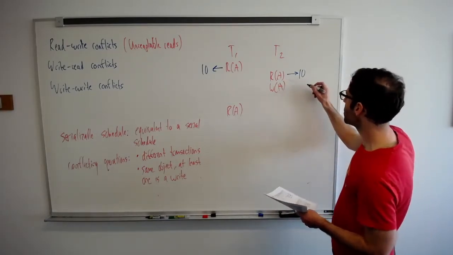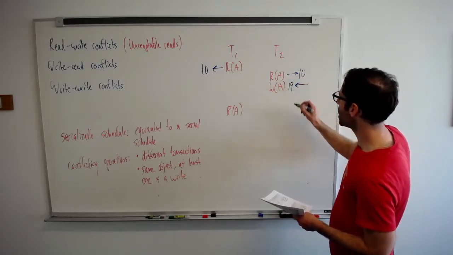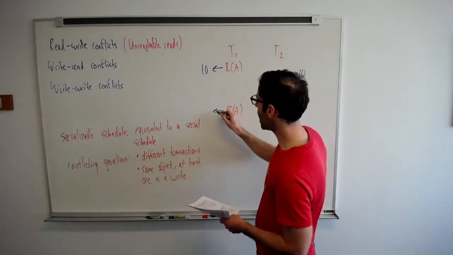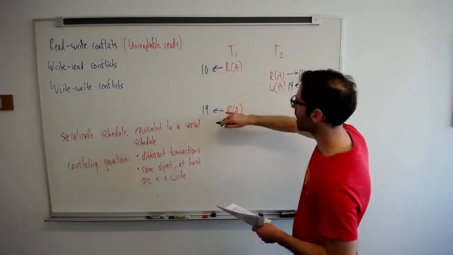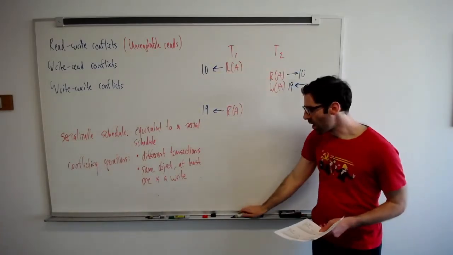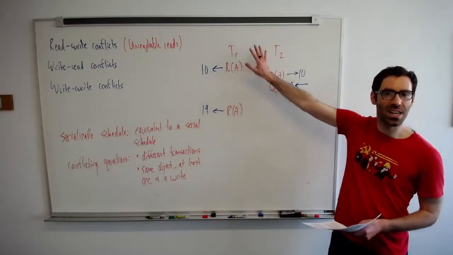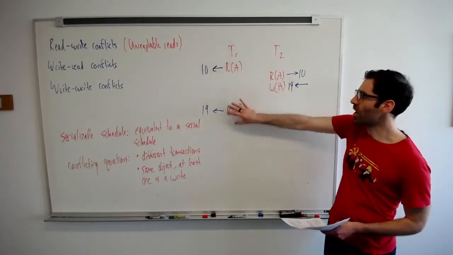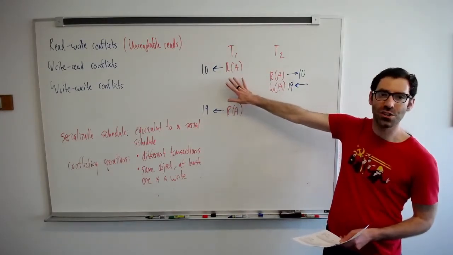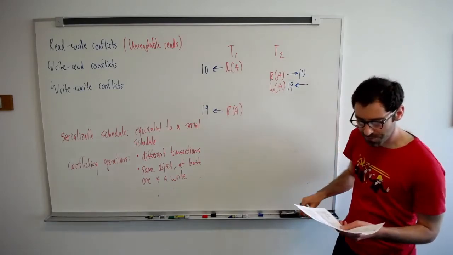It updates A to be 19, and so when we read A again in transaction 1, we get 19. So transaction 1 is not getting the picture of isolation if it reads A without making any changes to it and gets different values.